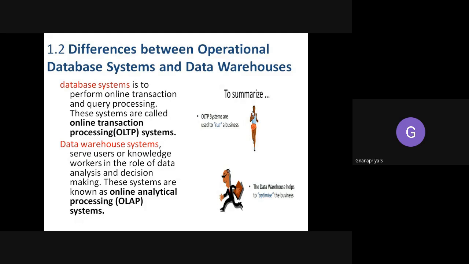Database uses the OLTP system and warehouse is also called the OLAP system, online analytical processing system. Analytical processing helps us improve our business, whereas database helps us run the business. From the database, we can store the inventory detail, we can store our stock detail.